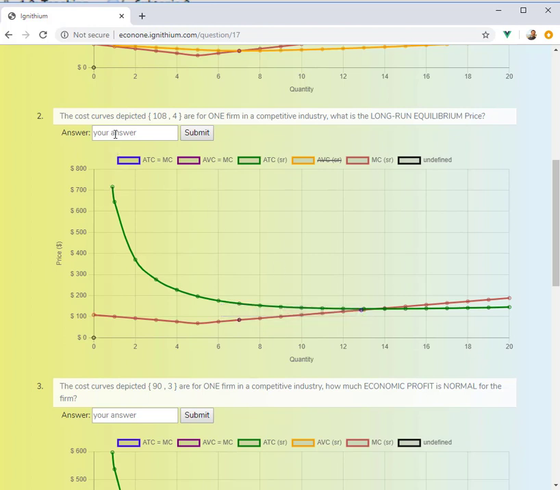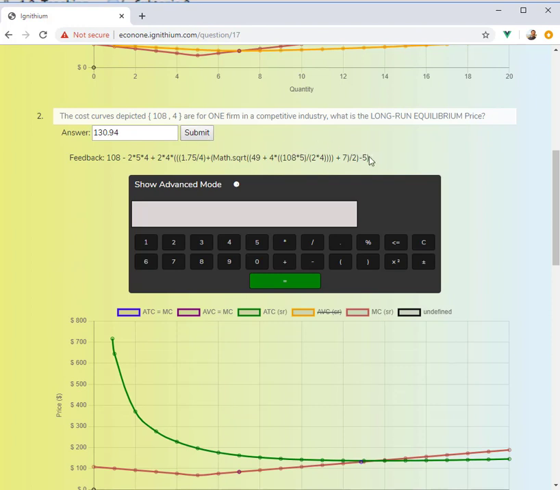And we can go ahead and put our answer in. So the equilibrium price in the long run would be 130.94. If we submit, and then we put our answer in, then sure enough, we have the right answer.